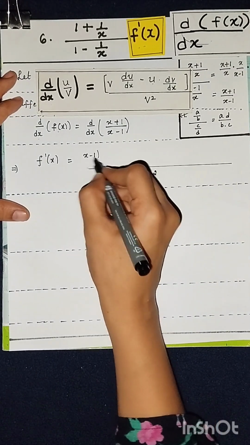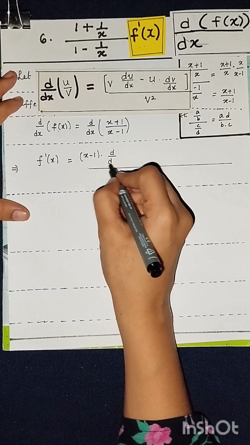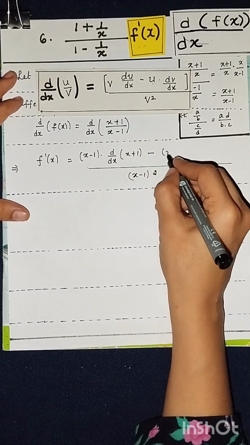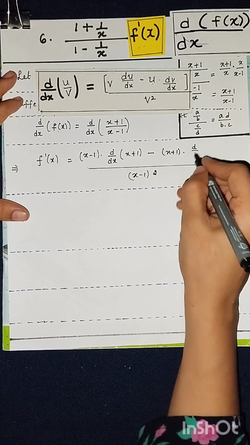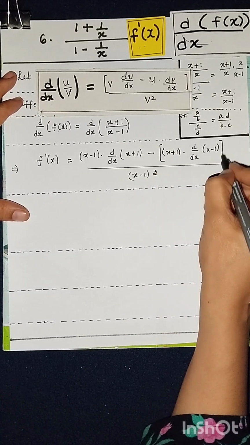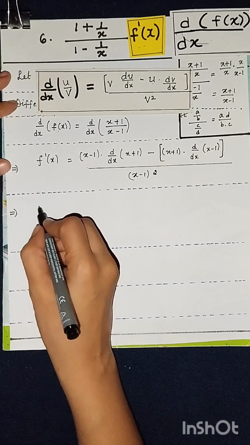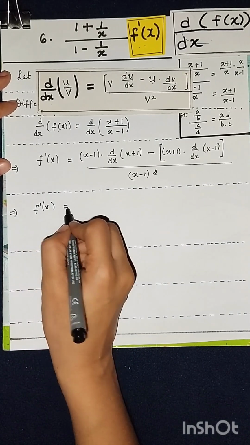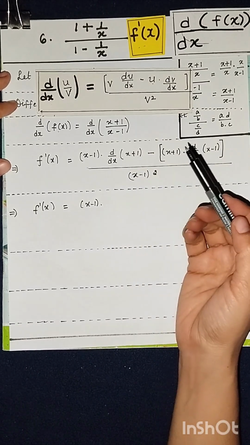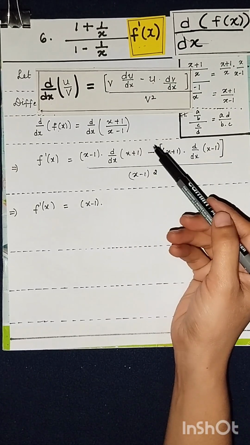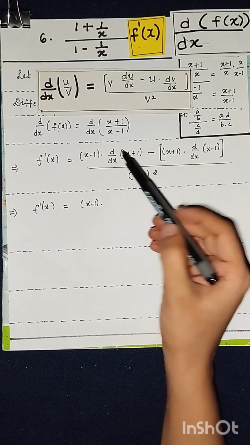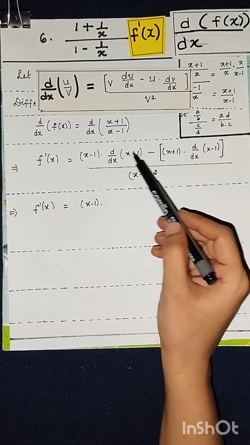Here you will get x minus 1 into d by dx of x plus 1 minus x plus 1 into d by dx of x minus 1. So we will put the brackets. Now this implies f dash of x is equal to x minus 1 d by dx of x plus 1. So even without applying the u plus v rule, you can easily tell, because d by dx of x is 1 and that of 1 is 0.